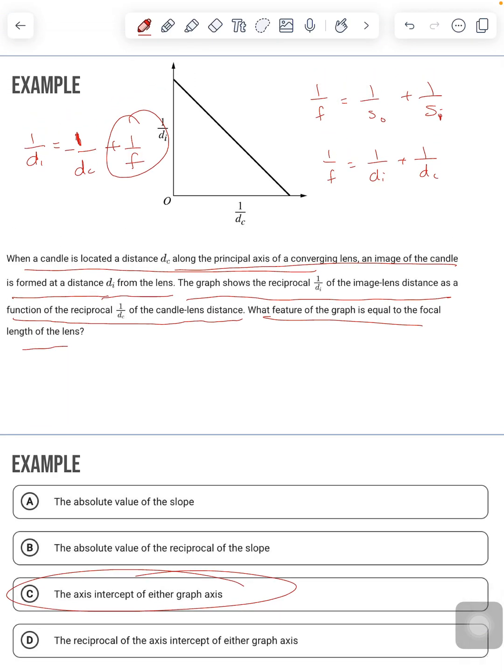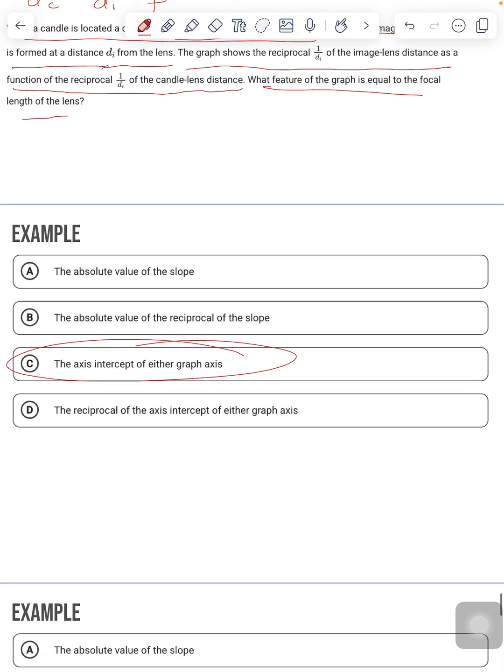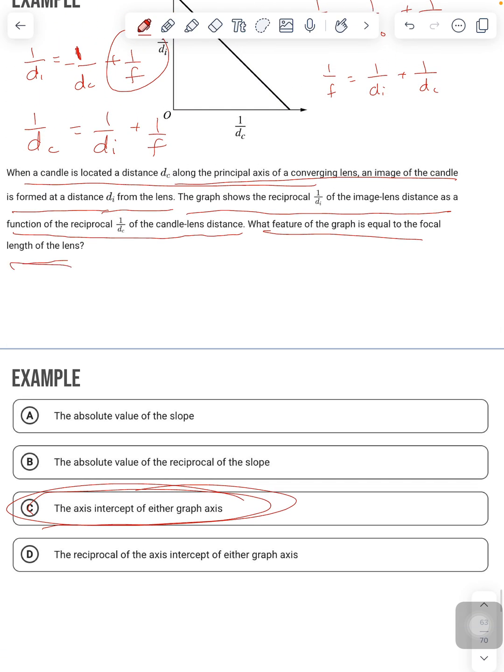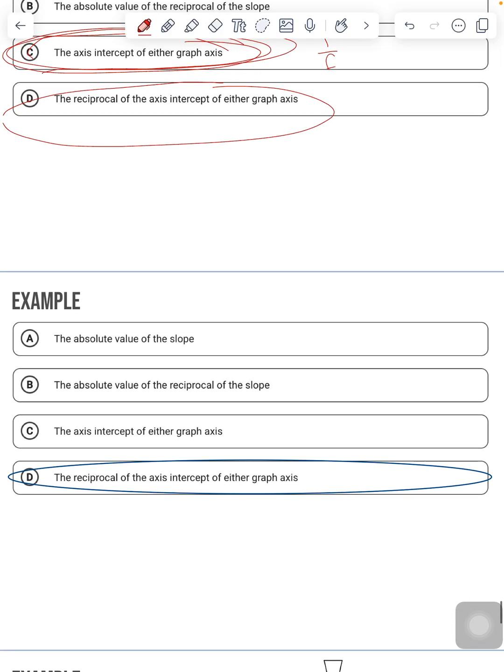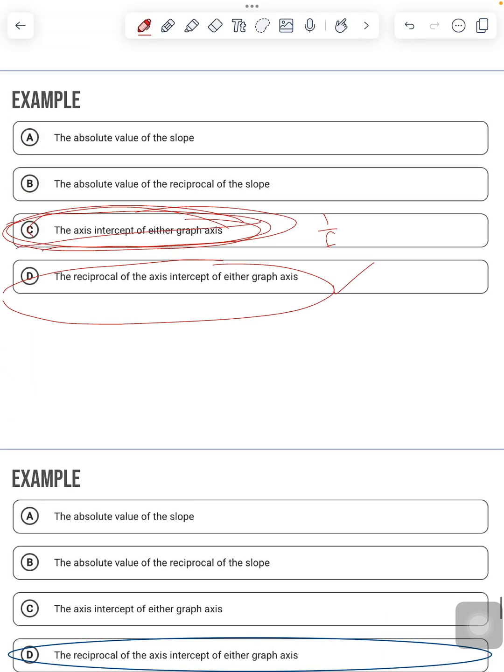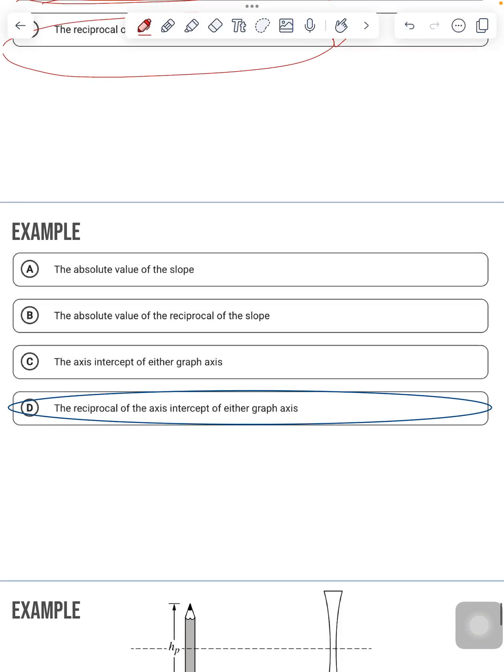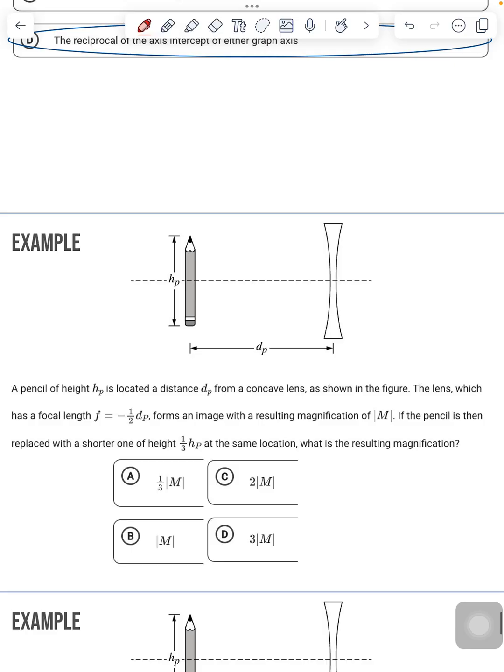I think that actually would work. If we did it the other way, it would be 1 over DC is equal to 1 over DI plus 1 over F. So it should actually work, the axis intercept. Okay, wait, hold on. That would equal 1 over F. So the reciprocal should do that, and that's D. That's the right answer. I'm sorry, I almost selected C, but that would be 1 over F, which I feel like makes sense.